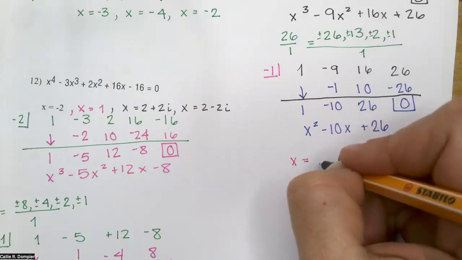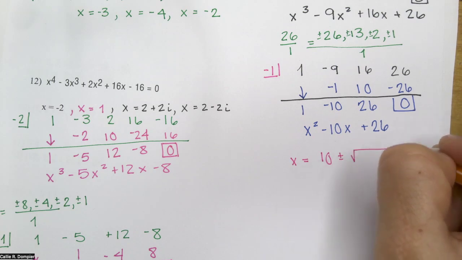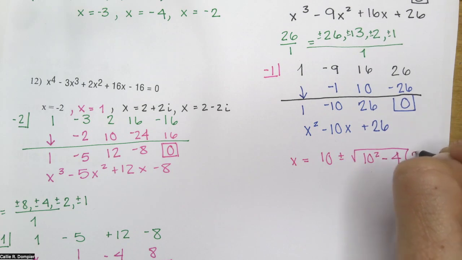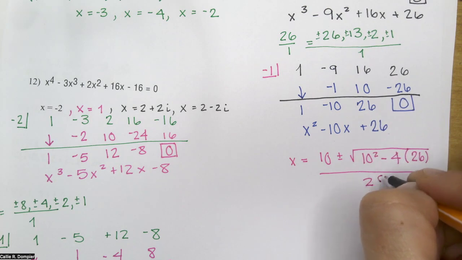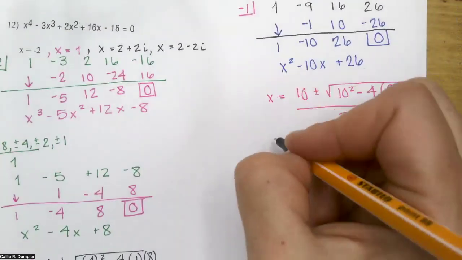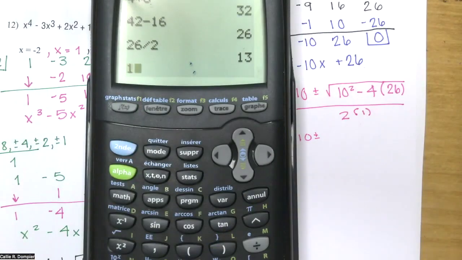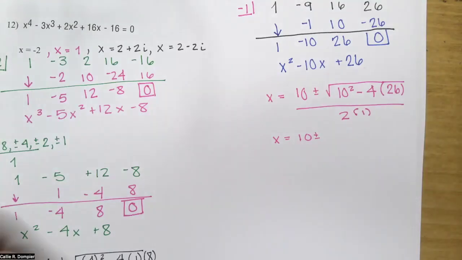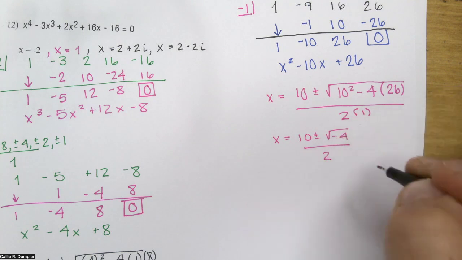x equals negative b plus or minus the square root of b squared minus 4 times a times c. 10 plus or minus the square root of 10 squared minus 4 times 26, which is negative 4, over 2.